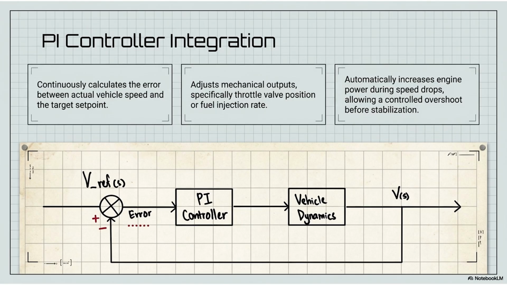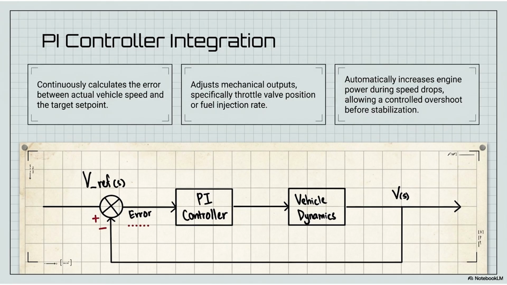The brain behind the operation is the proportional integral, or PI, controller. The PI controller's main job is to continuously calculate the error between the actual vehicle speed and the target set point that the driver has chosen. When an error is detected, for instance if the car slows down while climbing a slope, the controller adjusts the mechanical outputs.